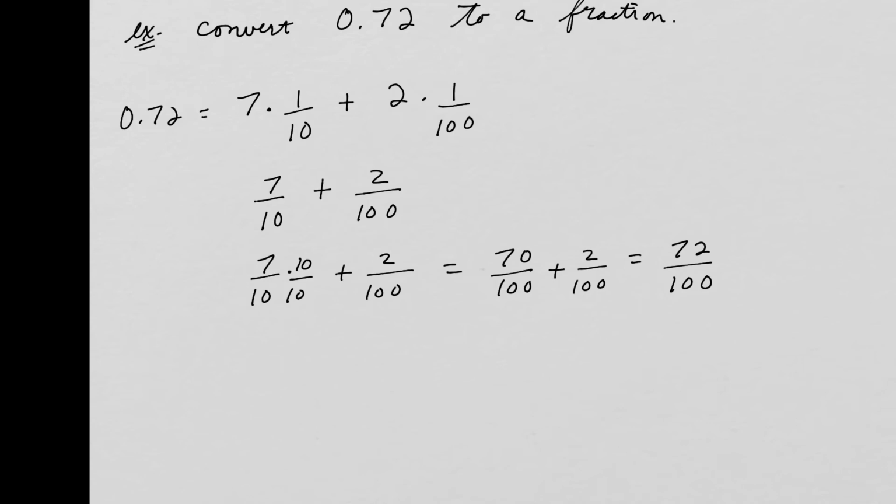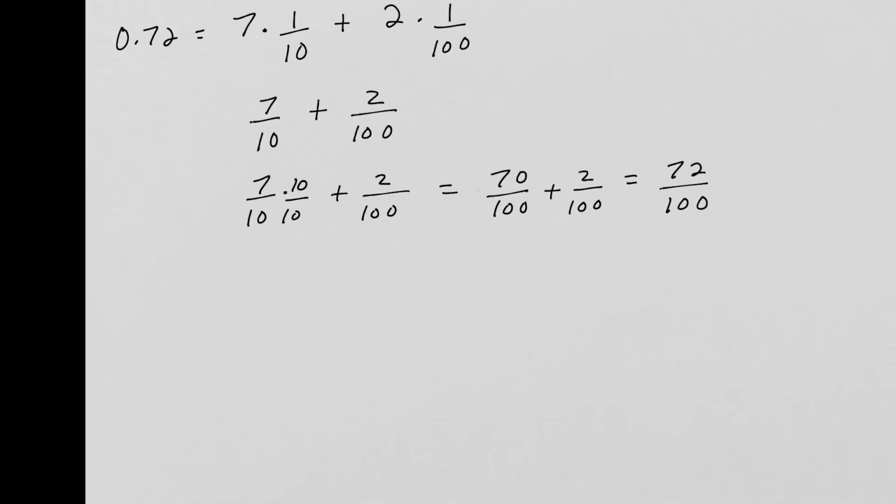And then, of course, you could even simplify this. It looks like 4 goes into both of them. You can think of 72 as, let's see, how many times does 4 go in? It looks like 18, so it'd be 18 over 25. And that would be the answer.